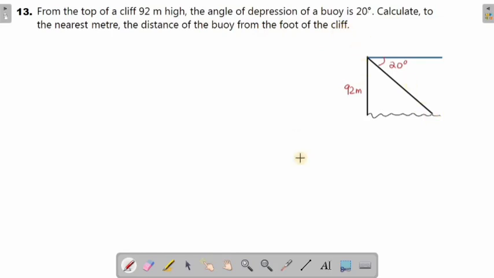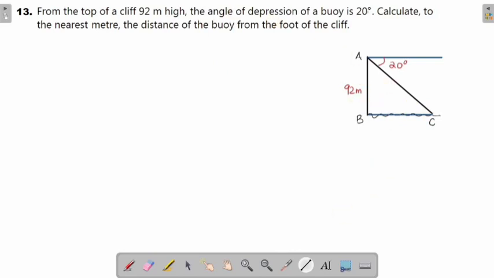Okay, so let me rename it. You will say that let AB be the height of the cliff, and let C be the position of the buoy. Now here what am I going to do? I'll just draw a line out here, in order to make this a right angled triangle.